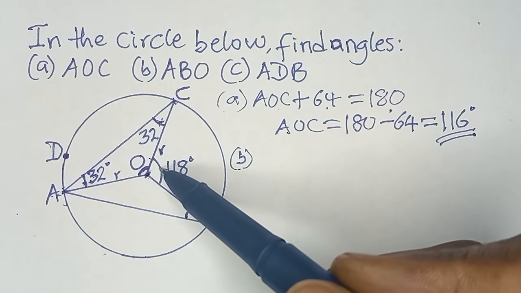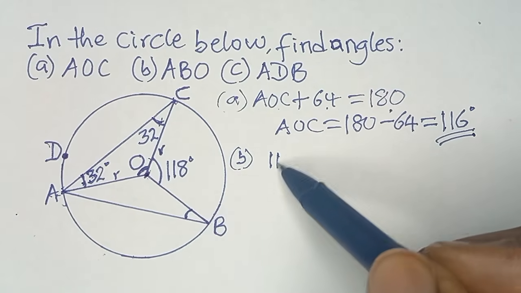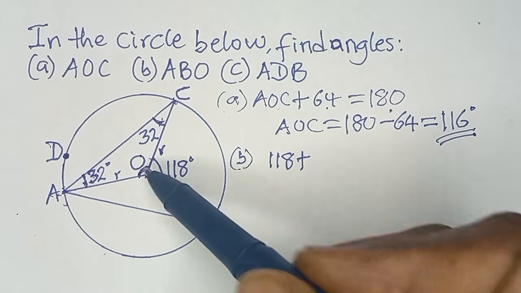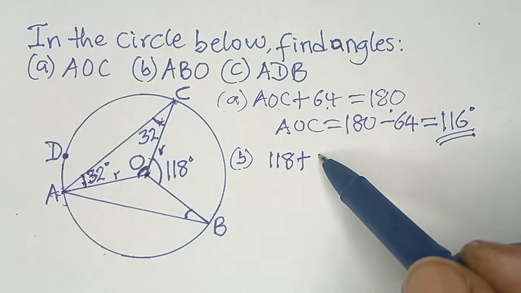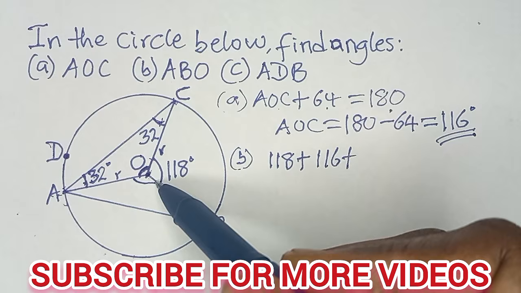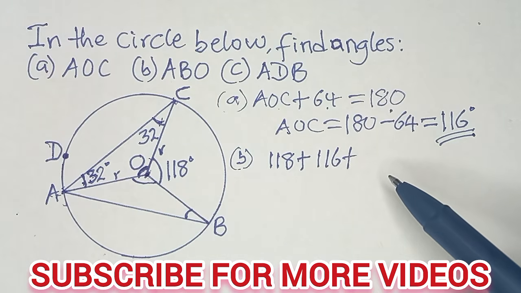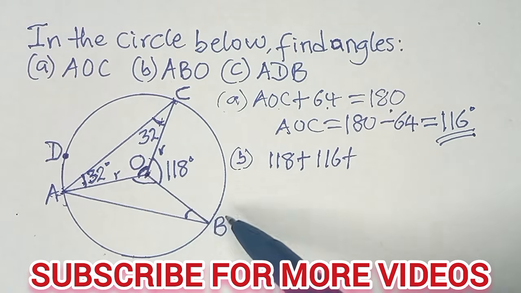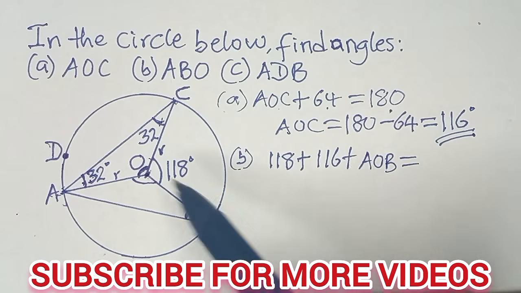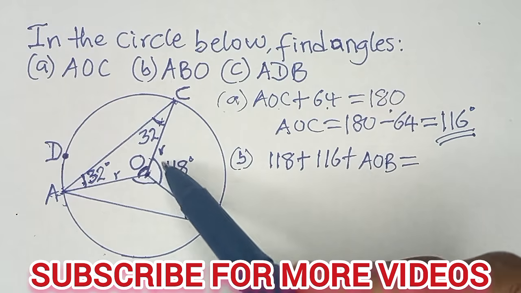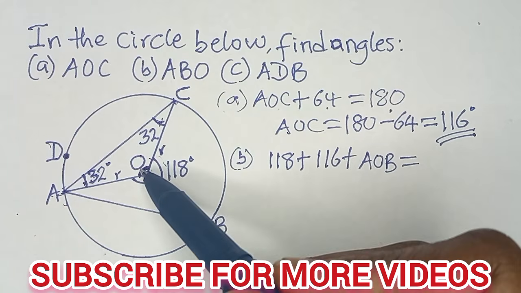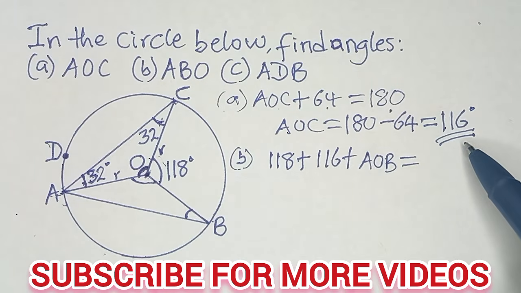One of the angles is 118. So let me start with 118 plus another angle, which is the AOC that we just found, 116, plus this third angle here, which I'll call AOB. These three angles give us the sum of angles at a point: 118, AOB, and this angle AOC that we just found, 116.